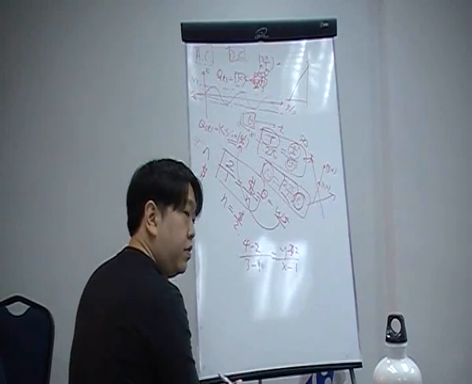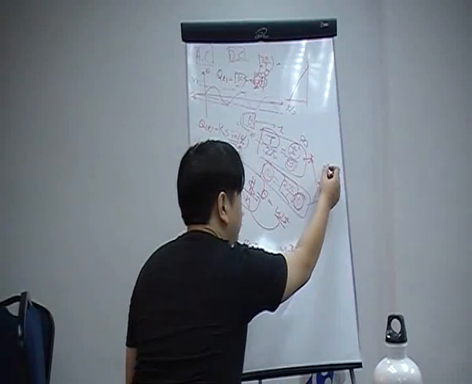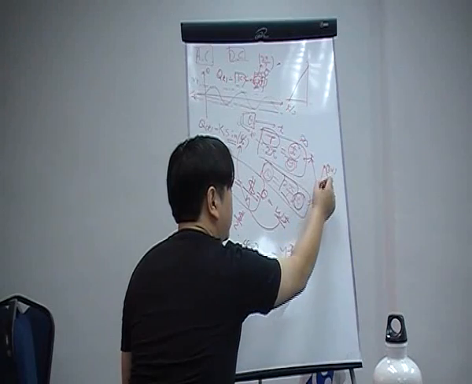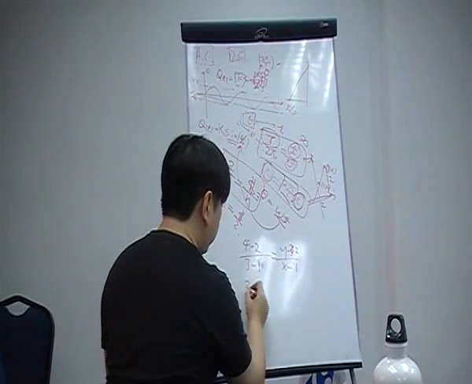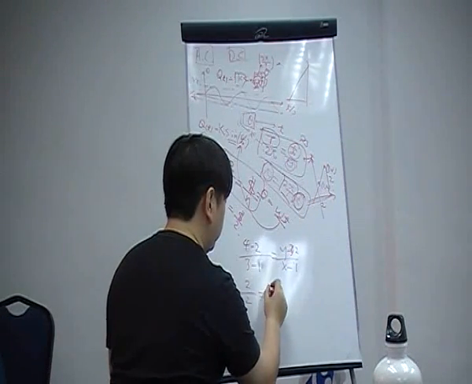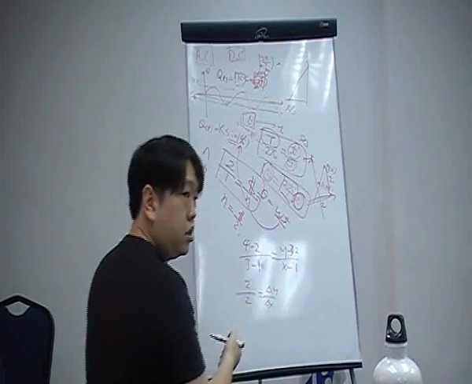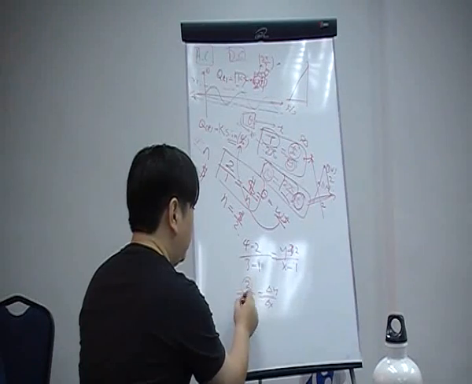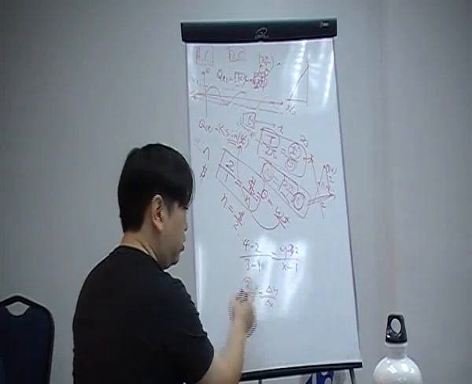Remember it? Actually, what is this? 4 minus 2 is 2, 3 minus 1 is 2. So actually 2 over 2, which is equal to change in y over change in x. Same thing. I use this ratio, which is a ratio of two quantities, to give me a relationship.